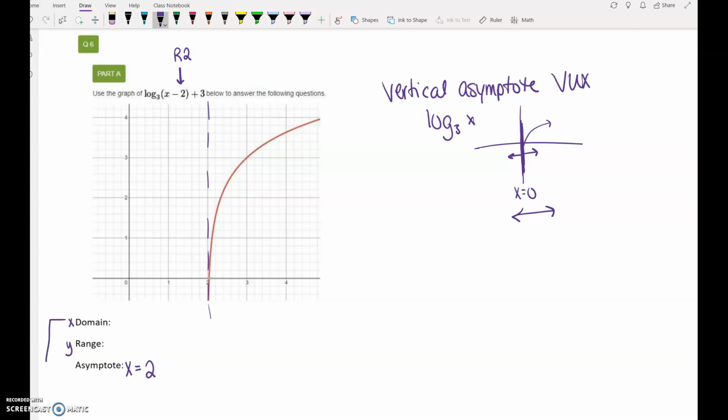So the domain and the asymptote are linked together. The domain is going to be x and something to do with 2. All of these points have x values over here that are bigger than 2. It is on the right side of the asymptote, so x is greater than 2. The range is the easy one. That's the one that's all real numbers.